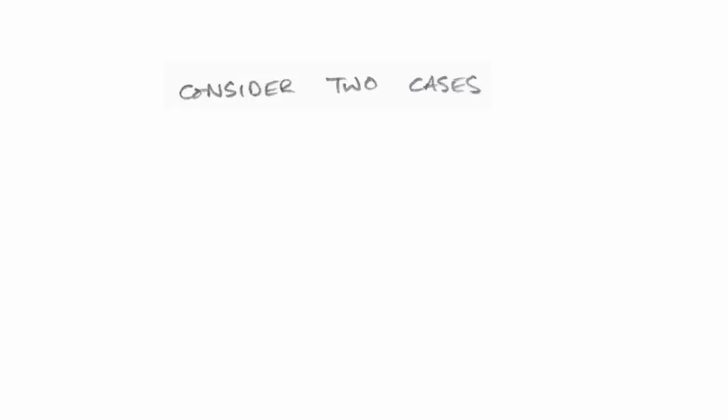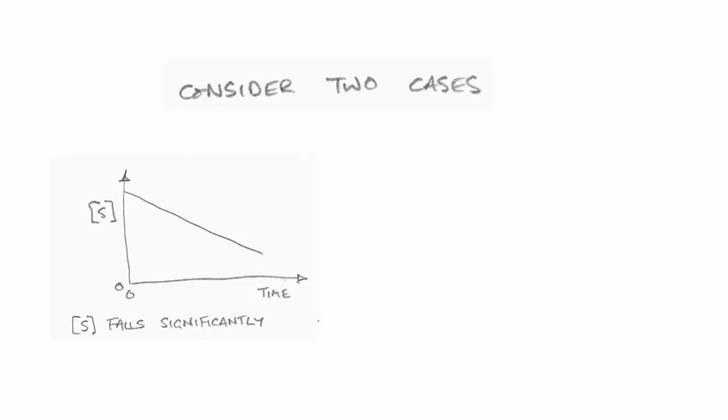Just before we move on to the next process, there are certain situations in which we can simplify that equation. So consider the following two cases. The one we might have generally is that our substrate gets used up over the time course of the experiment, so the concentration falls. That's what we might expect.